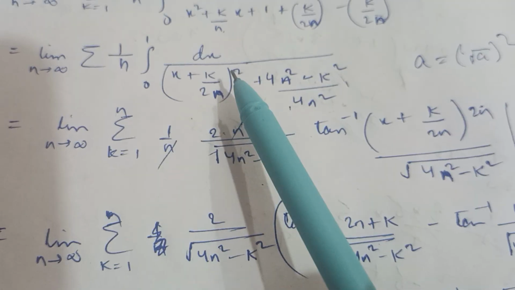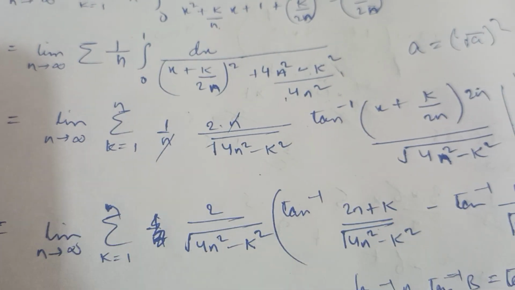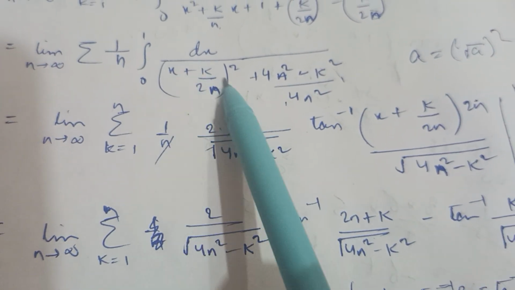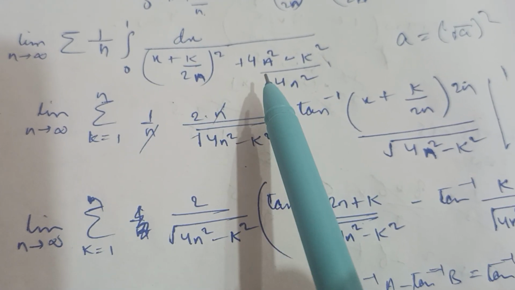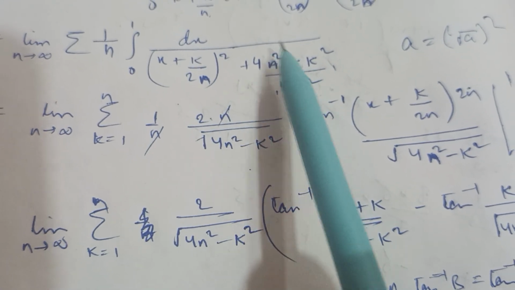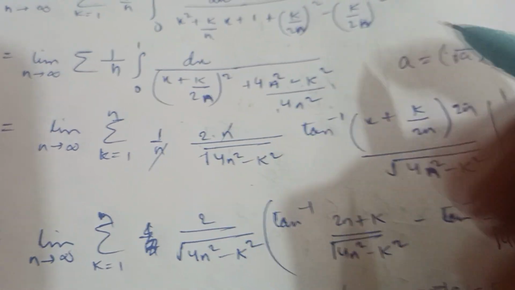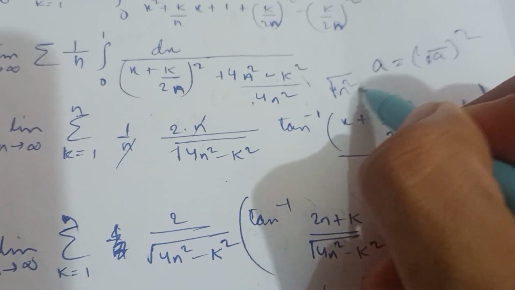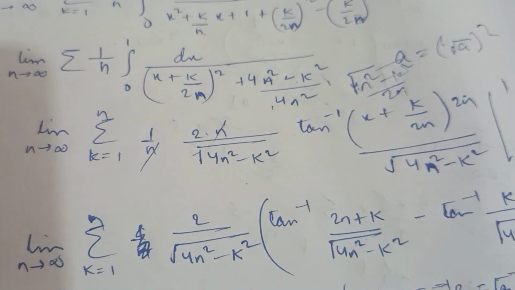If you take this as x and this as b, it will become tan inverse of this whole thing. X plus k by 2n will be treated as the whole x, and for b we will have under root of 4n square minus k square upon 2n, because under root of 4n square will be 2n.